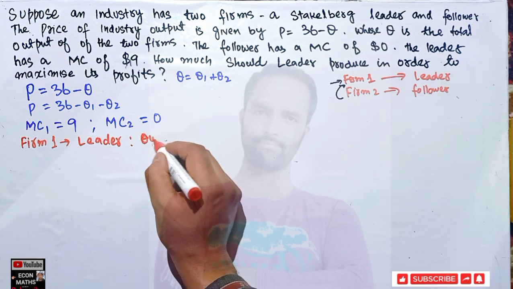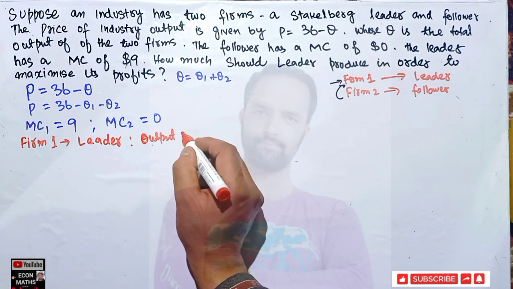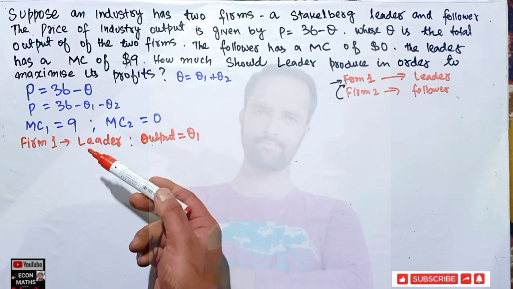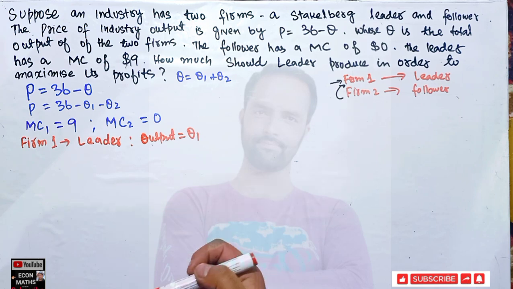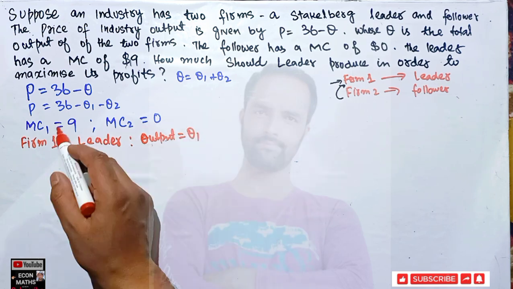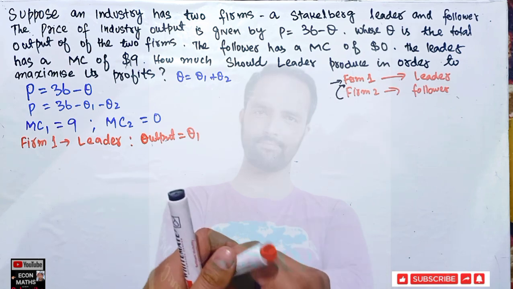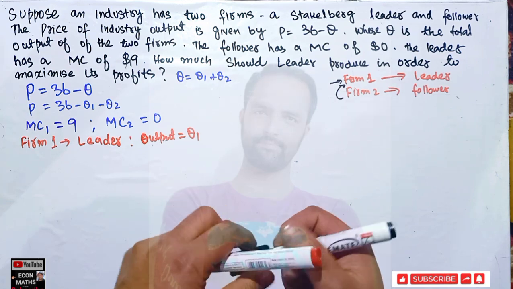The output will be equal to Q1. Firm 1, which is the leader, will produce an output of Q1, and its marginal cost is 9.